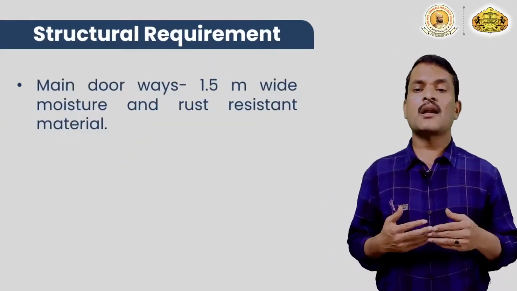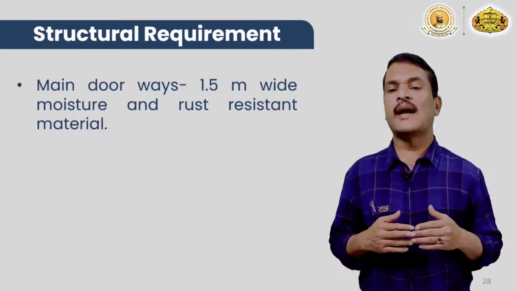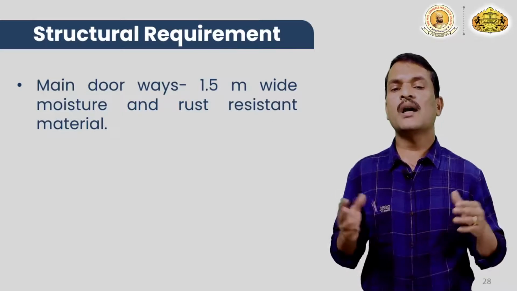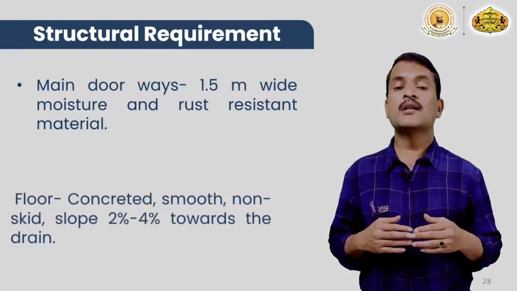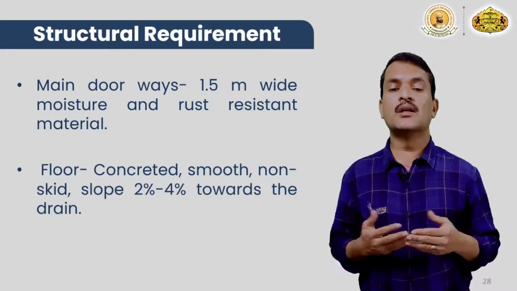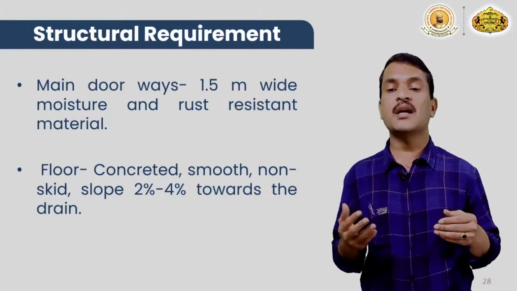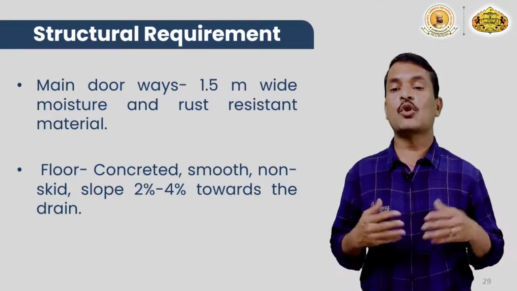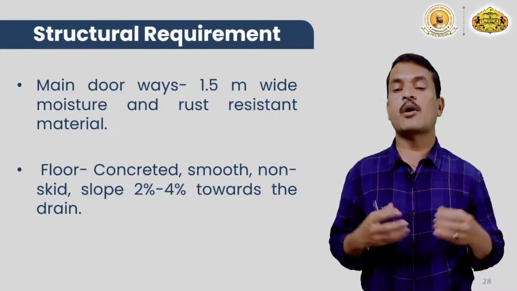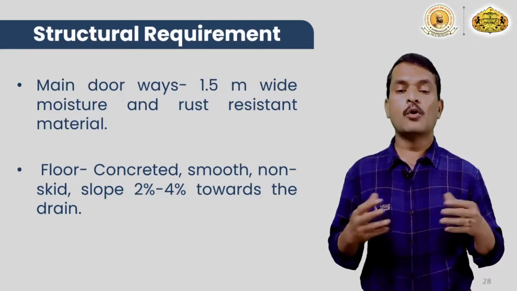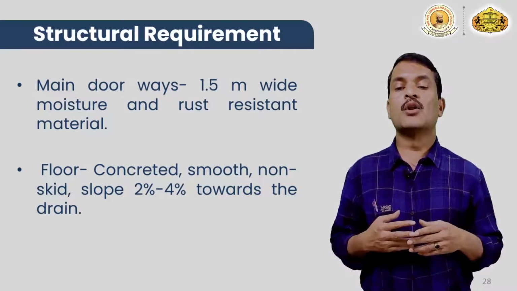Under the structural requirements, we should remember that main doorways should be around 1.5 meters wide and should be painted with rust resistant material, and should not absorb moisture. The floor is concreted, smooth and non-skid.